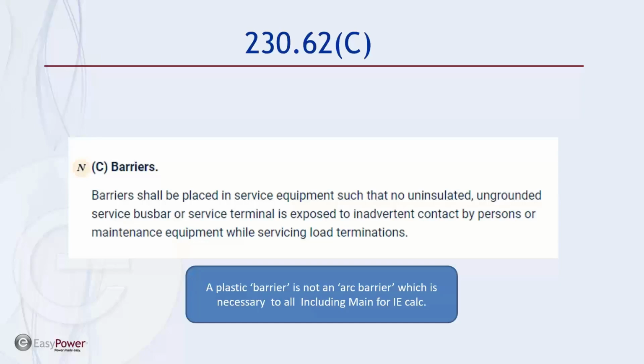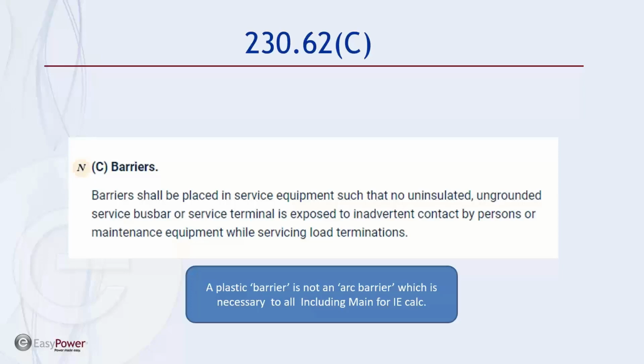The lack of an arc flash barrier suggests the need to exclude the breaker for calculating incident energy. Now, while it's true that putting an electroshock barrier on there reduces the potential for accidental contact, and one of the higher sources for arc flash events is personnel mistakes, it's still technically not an arc barrier.